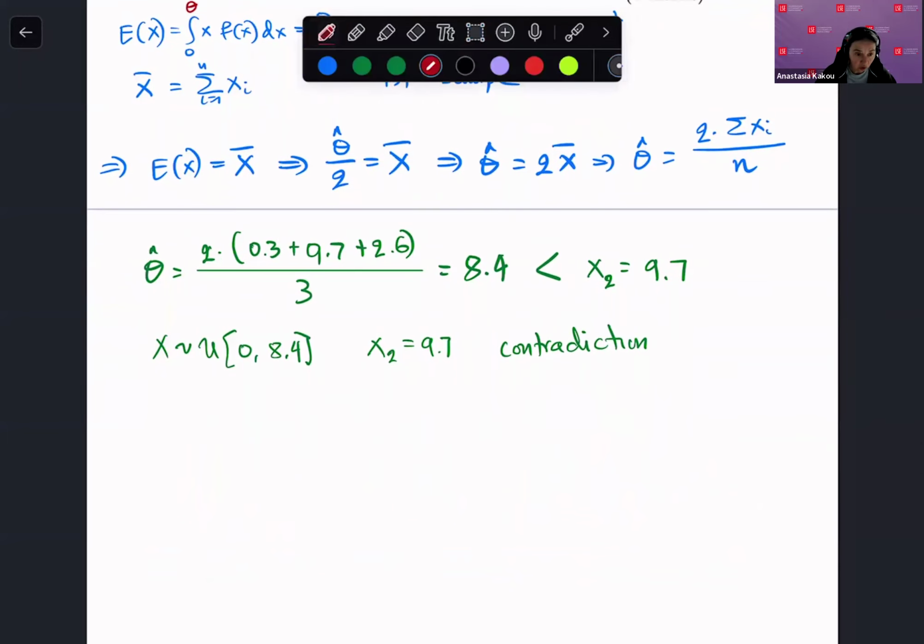However, we could use the maximum likelihood method. So let me take you through that. Based on the maximum likelihood method, we get the following.